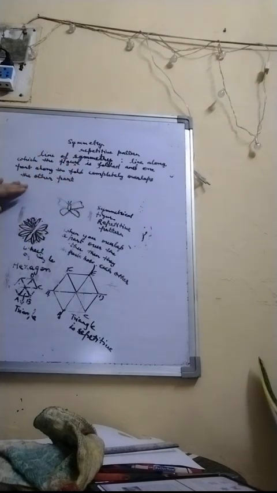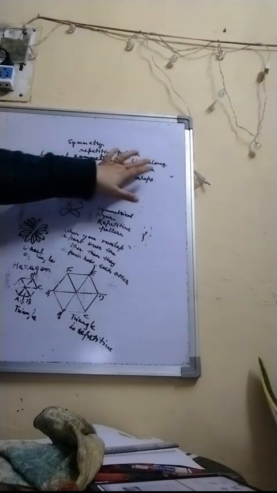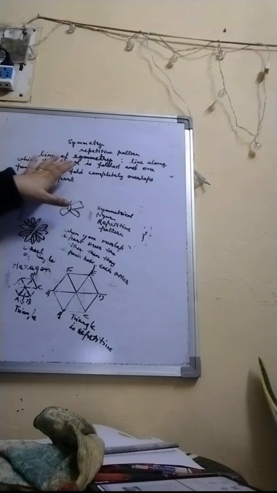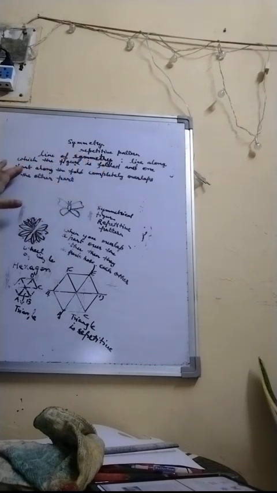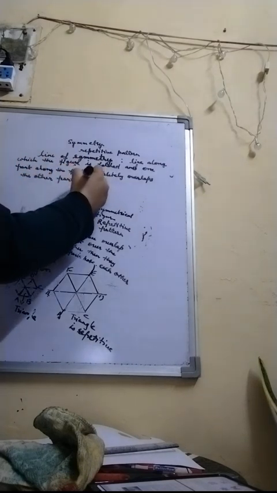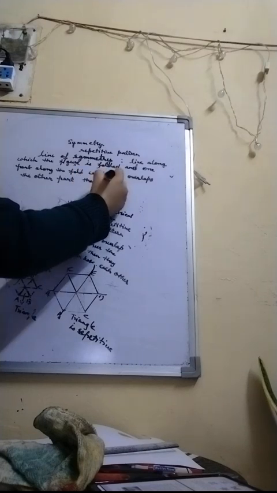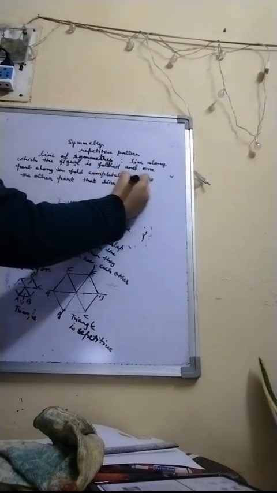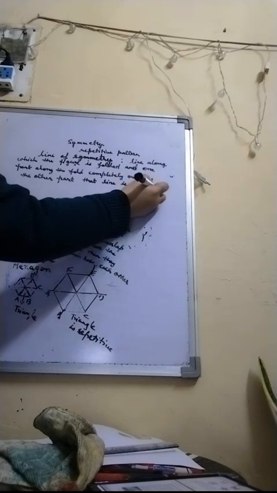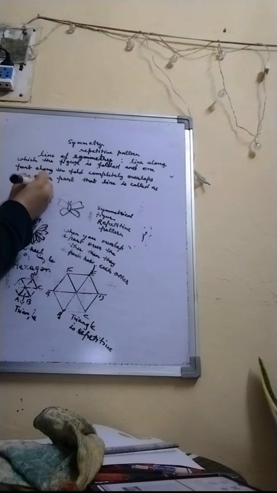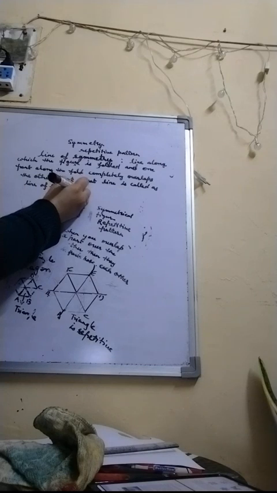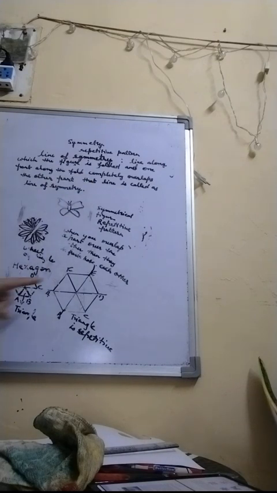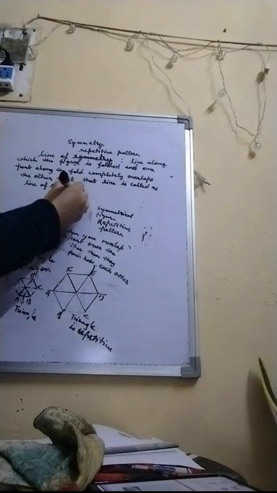Okay, so understand the definition. The line along which, when the figure is folded, the one part along the fold completely overlaps the other part. That line is called the line of symmetry. Now suppose I have this butterfly again.